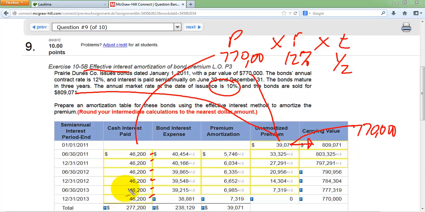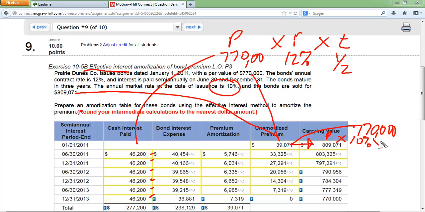But keeping in mind, we get to keep this extra money when we sold the bond. So that's really going to reduce the interest expense versus the interest we have to pay. Okay, so now to get the actual interest for the first 6 months, you're going to take this carrying value, think of this like the principal, and we're going to multiply it by not the 12% rate which we use for this column, but the market rate of 10%.